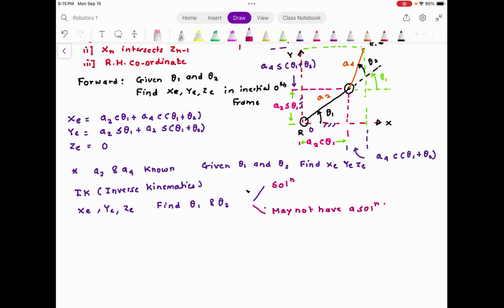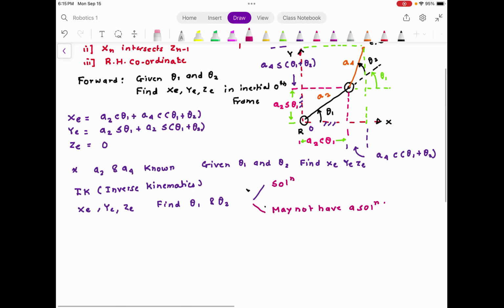You can have a single solution, a unique solution, or you can have multiple solutions. And I give you an example. So please try to understand. You have a two-dimensional planar robot, and I give you an end effector position over here.